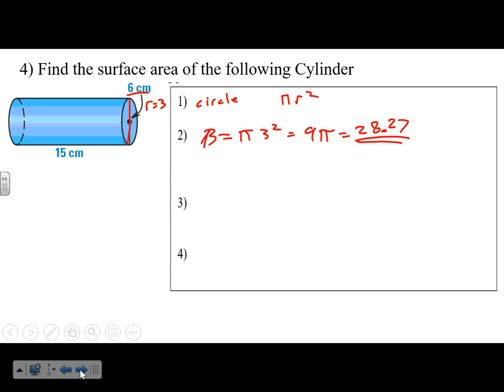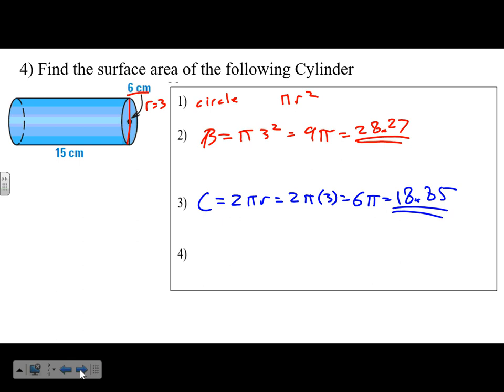Then the circumference is 2 times pi times r, so that's 2 times pi times 3, which is 6 pi, which is 18.85.